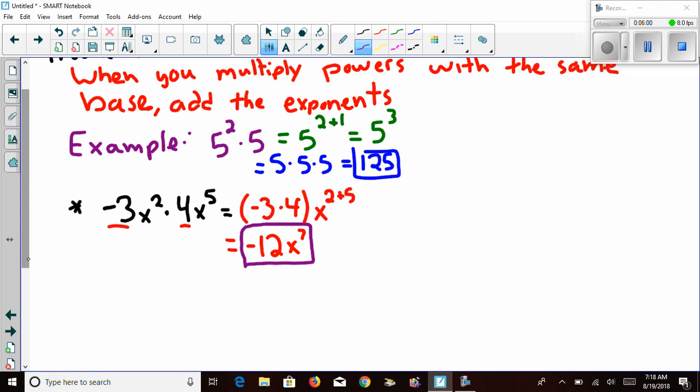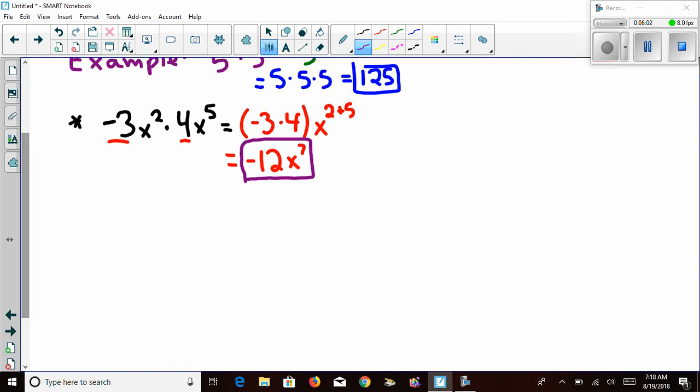Now, I want to put an example on here for you guys to try. So this is going to be a you try problem. Look at the problem, -2m times -8m to the 5th.